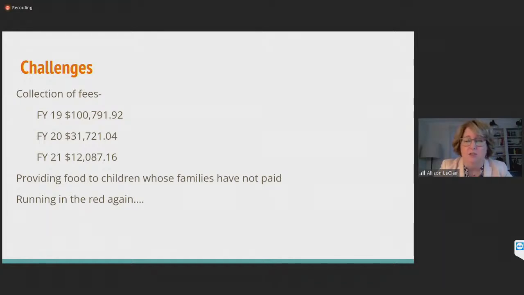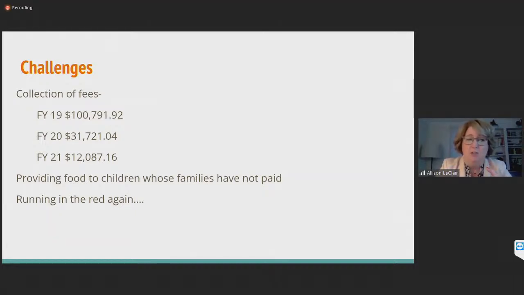What we do, just to remind people, is the amount of work that goes into trying to collect fees from the food service department, which sends letters, sends emails, calls families, to the building administration, which then, if the food service department meets with no success, they turn it over to the school administration, who then has to call families multiple times, asking them to get on a payment plan, asking them to come up with the money.